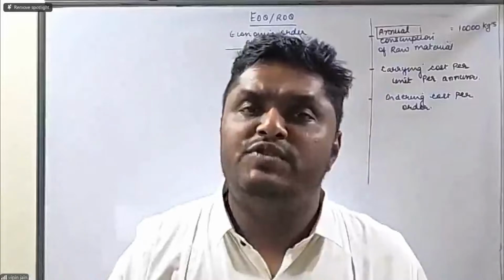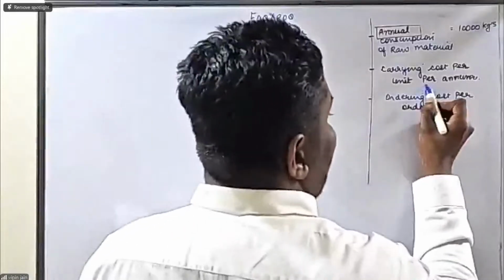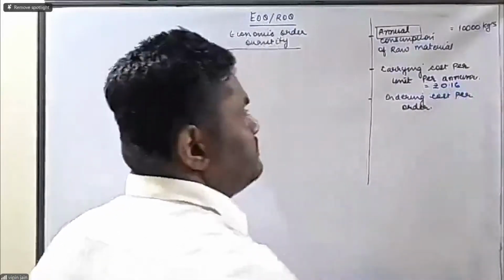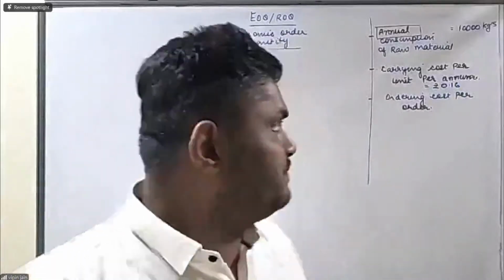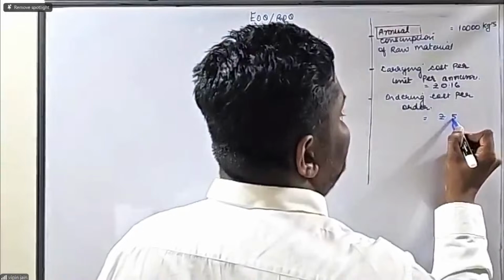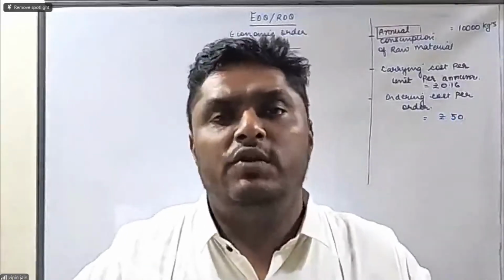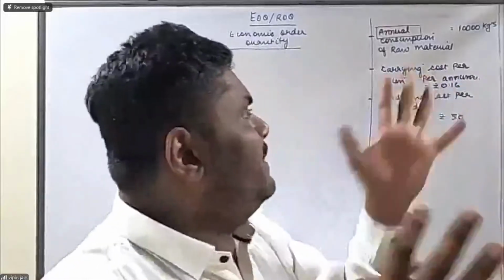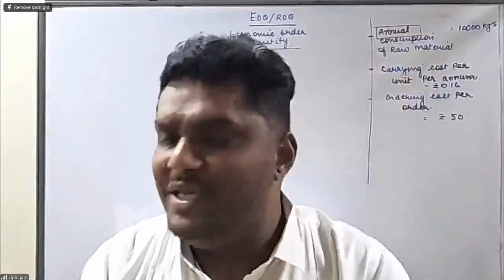Further, my carrying cost per unit per annum is rupees 16. Further, my ordering cost per order is rupees 50. So I have an annual consumption of 10,000 units as my annual requirement, my carrying cost per unit per annum is 16, and my ordering cost per order is rupees 50.